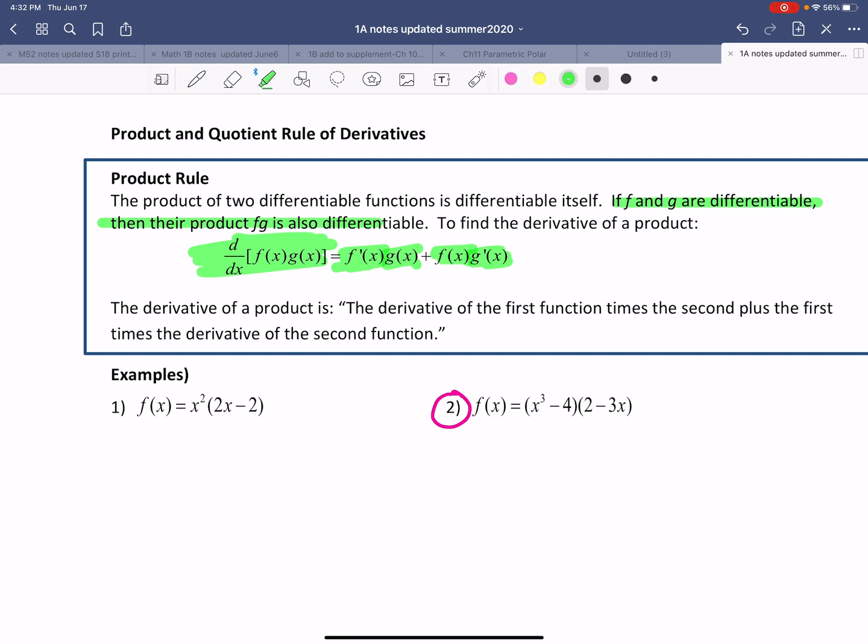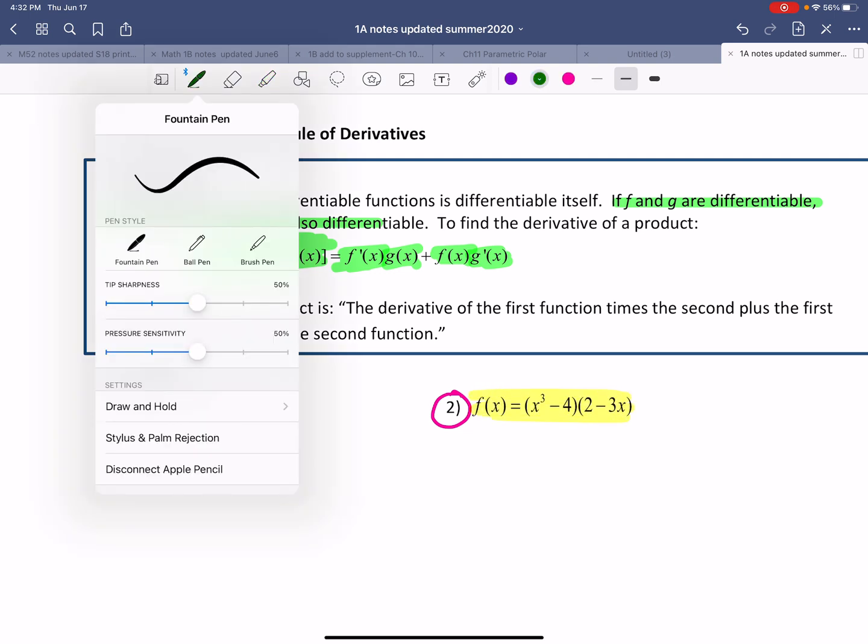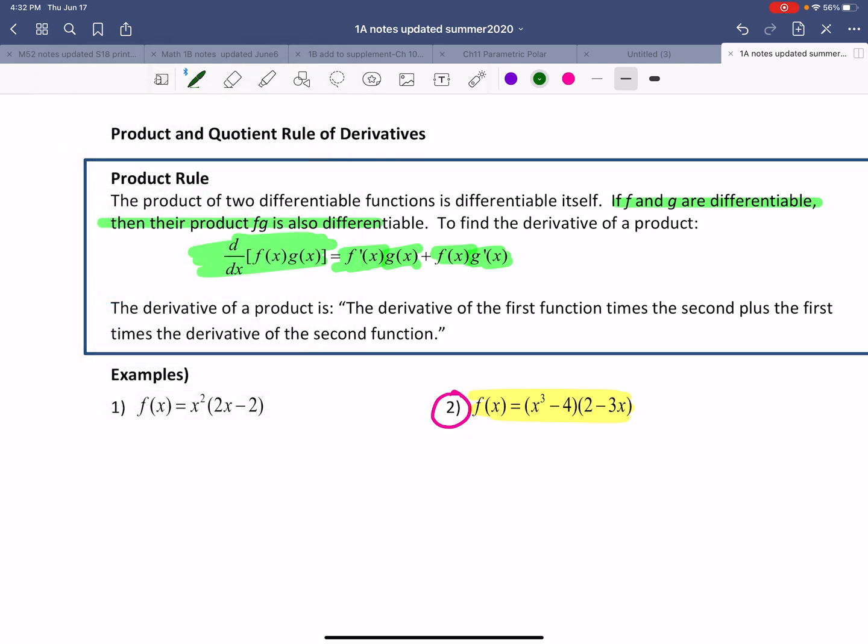So here's an example similar to the one we did earlier without using the product rule. In that case, we ended up distributing, opening up the parentheses, and then found the derivative. But I'm going to be using the product rule. So this is my f function, this is my g function, and the product rule says y derivative is equal to f g prime plus g f prime.